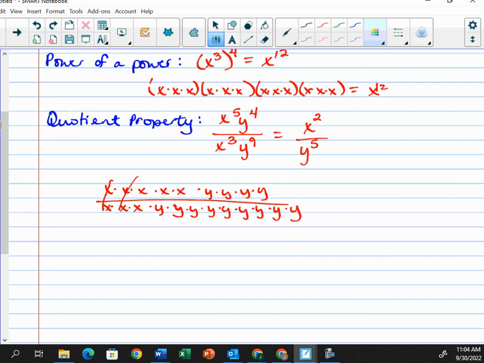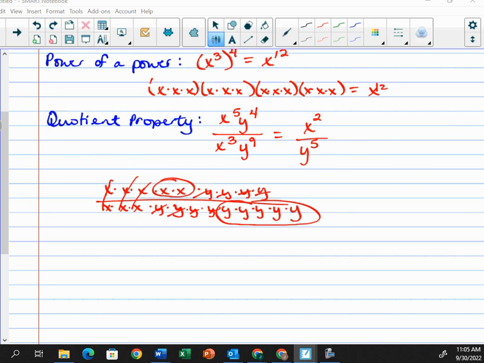You can cancel them out and see, okay, x squared left up top. Y to the 5th left in the denominator, okay? That's what you're doing. You can just do that in your head usually. Questions on the quotient property? You guys are remembering most of this? Yes, okay, good. Good when it's a review.